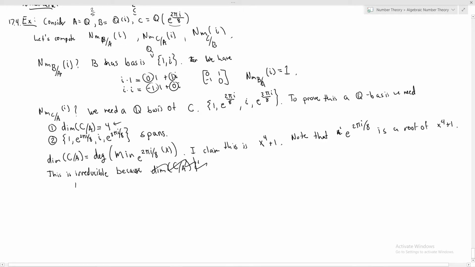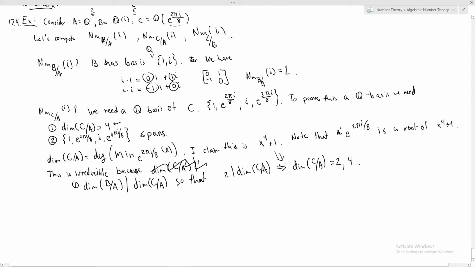Because dim B over A, by the tower law, divides dim C over A, so that 2 divides dim C over A. Okay, so this together with this implies that dim C over A is either 2 or 4, because it's a number divisible by 2, bounded above by 4.